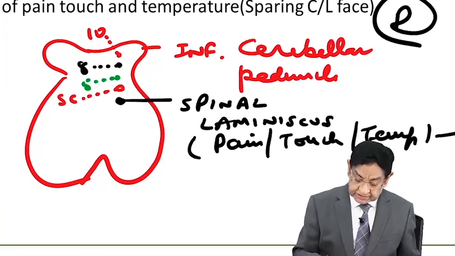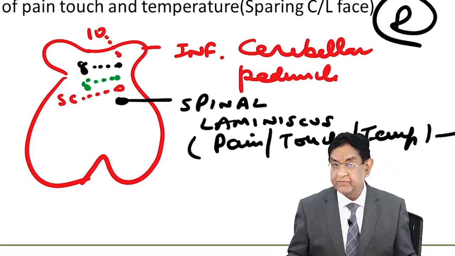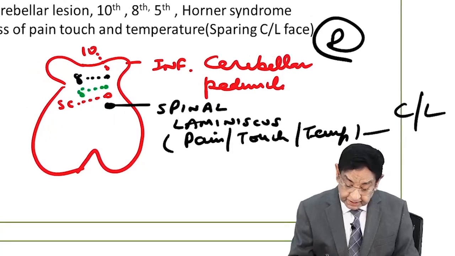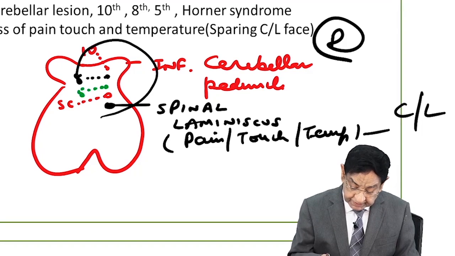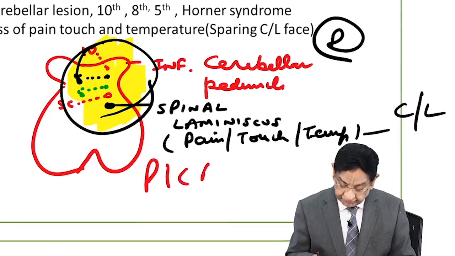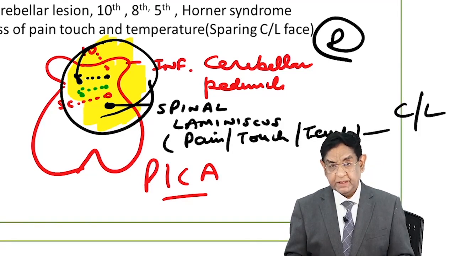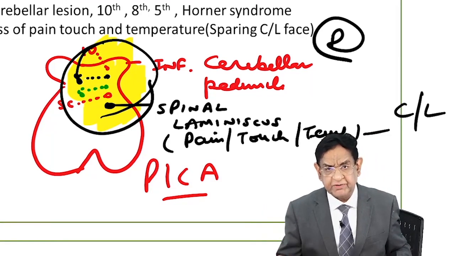This spinal lemniscus is carrying pain and temperature from the left side of the body. This part of the brain is supplied by PICA, the posterior inferior cerebellar artery.